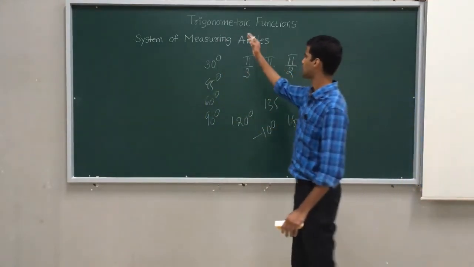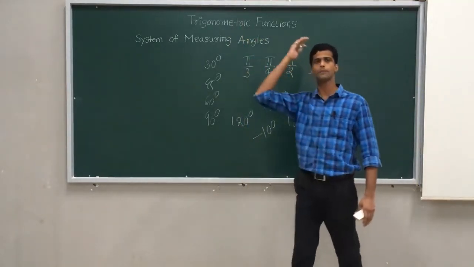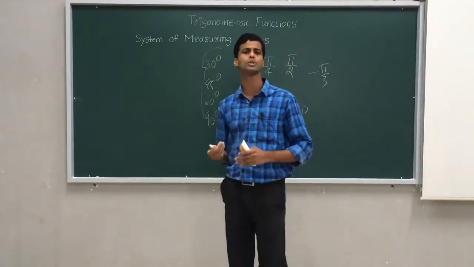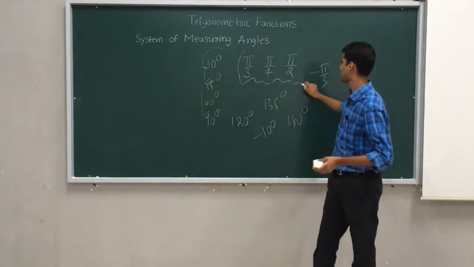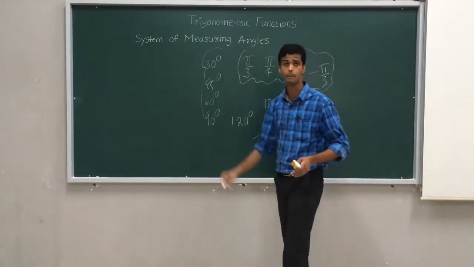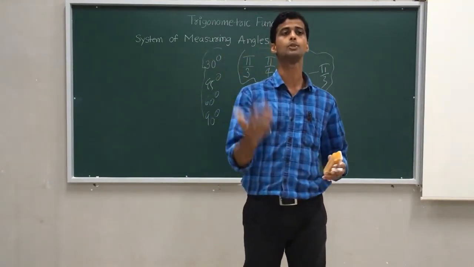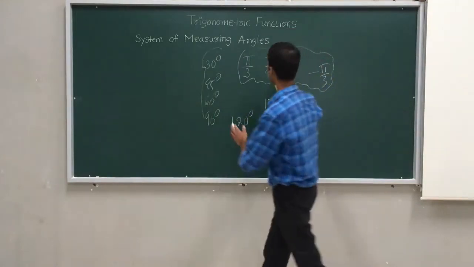So there are 2 ways of measuring angle. The very first method is degree method. It is 30 degree, 45 degree, 60 degree. And we will pronounce this also: pi by 3, pi by 4, pi by 2, minus pi by 3, pi by 6. They are all called radian method. What is the use of that? Where it will be applicable, that we will study now.